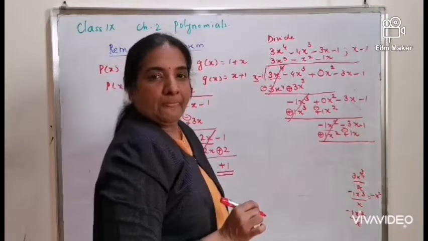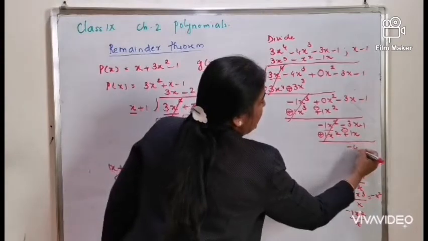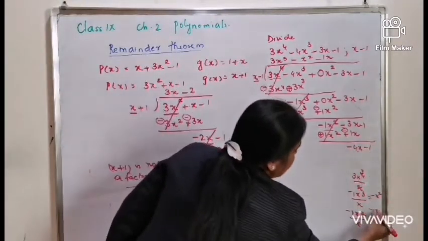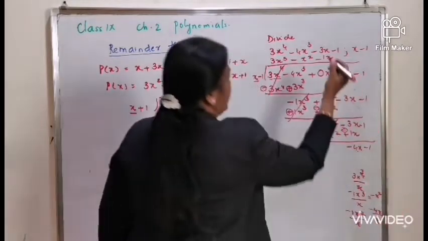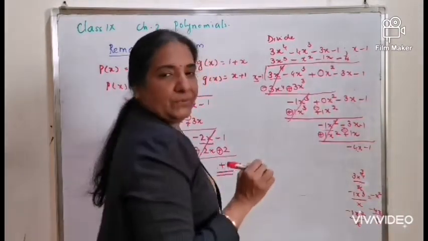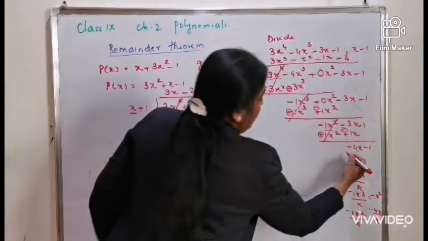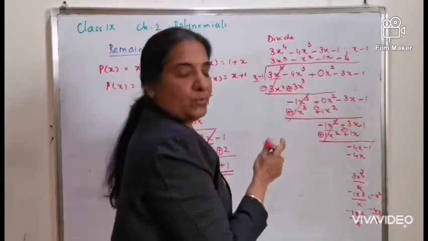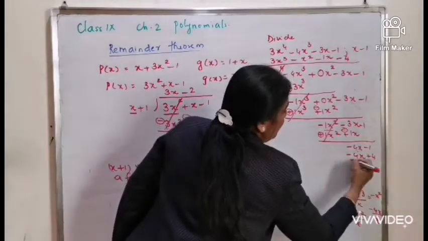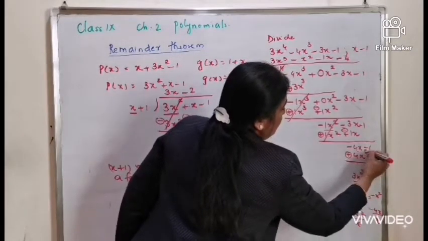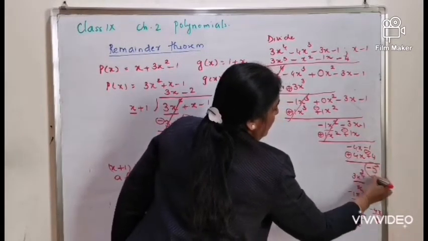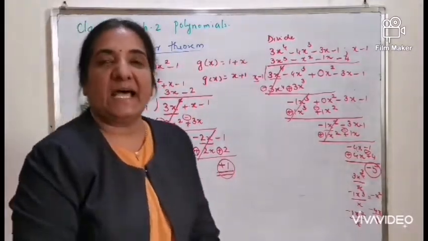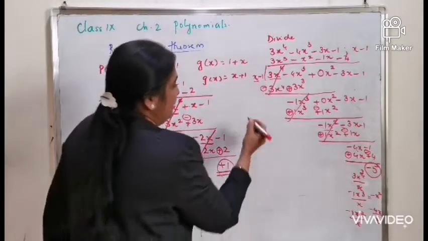Changing the signs, you are getting minus 4x minus 1. Minus 4x divided by x is giving you minus 4. Minus 4x, minus 1 into minus 4 is plus 4, and you are getting the remainder as minus 5.